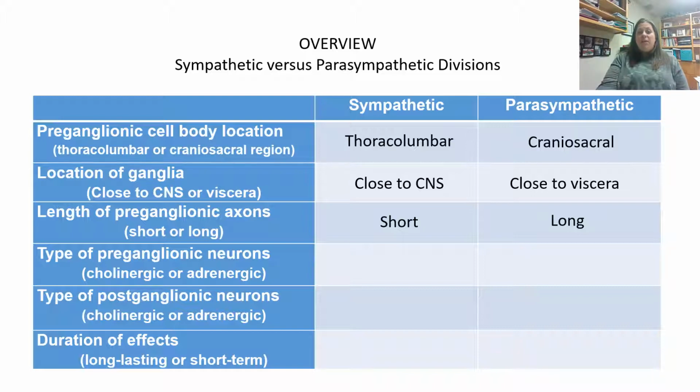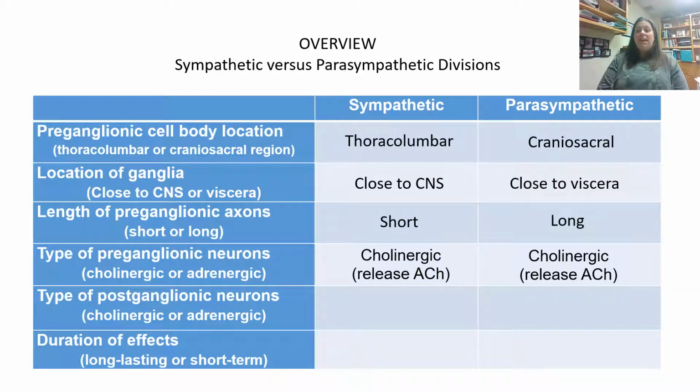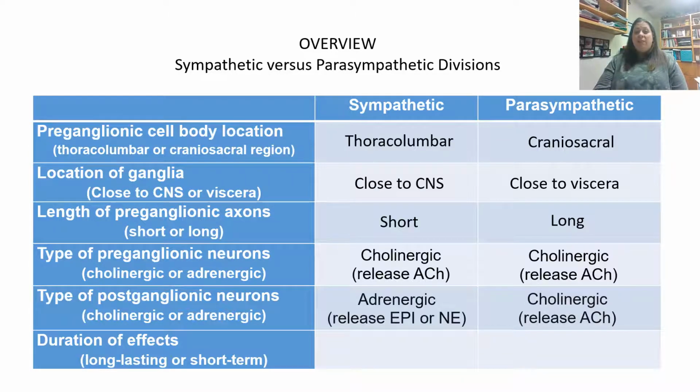The type of preganglionic neuron for both the sympathetic and the parasympathetic is cholinergic because they both release acetylcholine. On the other hand, the types of postganglionic neurons vary. The sympathetic is adrenergic, releasing epinephrine or norepinephrine, but the parasympathetic continues to be cholinergic, releasing acetylcholine.